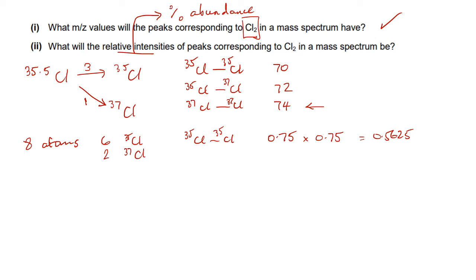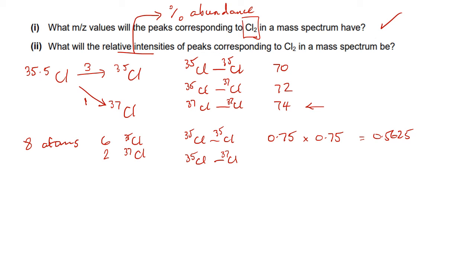Now if we look at the other molecule, with a chlorine 35 and a chlorine 37, we could make that molecule by first picking a 35 and then secondly picking a 37, or we could alternatively get the same molecule by first picking a 37 and then picking a 35.